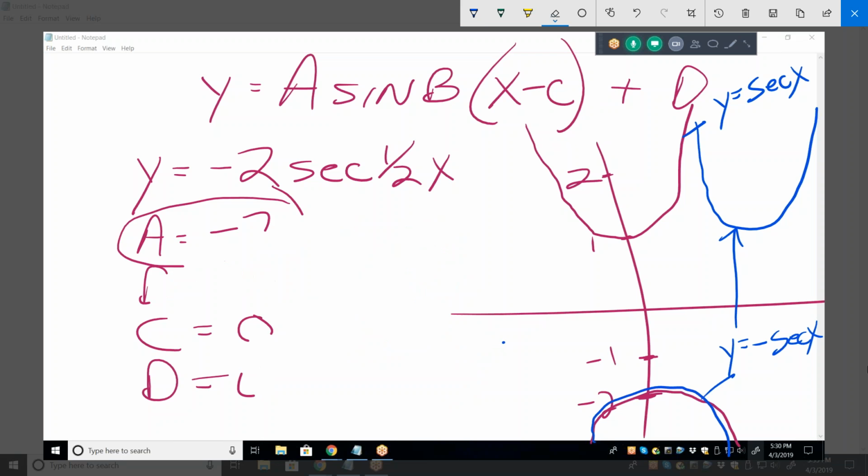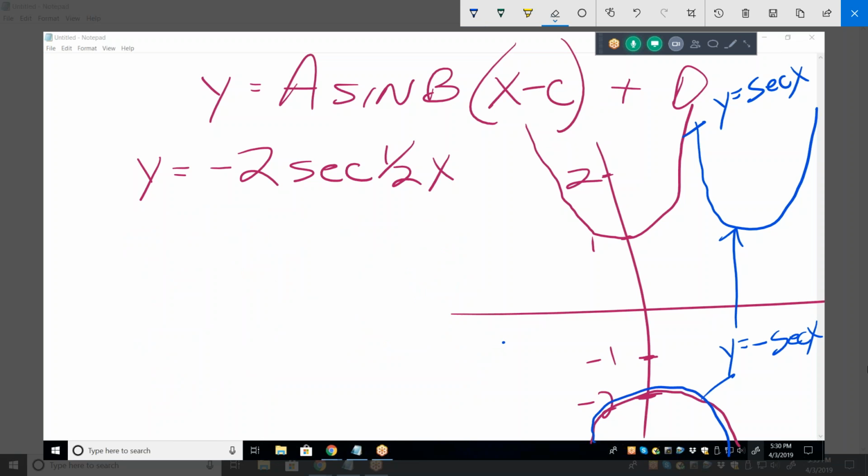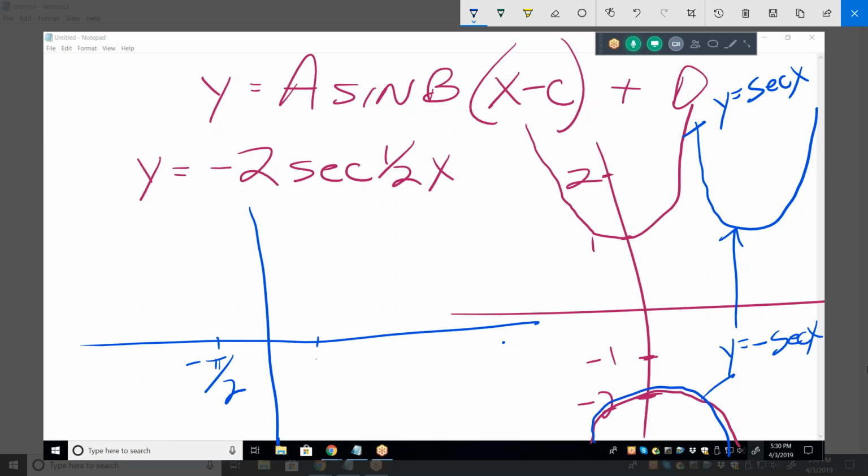But so normally this would go from minus pi over 2 to pi over 2. And the secant would look like this.